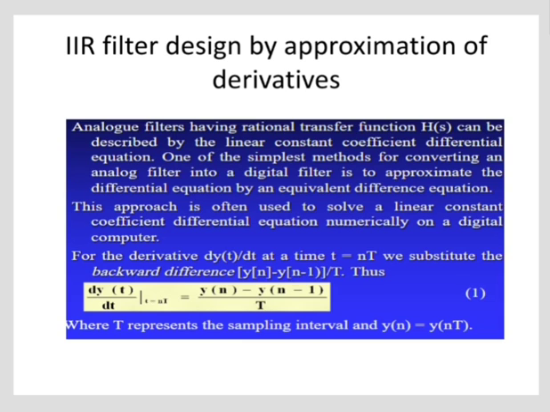One of the simplest methods for converting an analog filter into a digital filter is to approximate the differential equation by an equivalent difference equation. This approach is often used to solve a linear constant coefficient differential equation numerically on a digital computer.